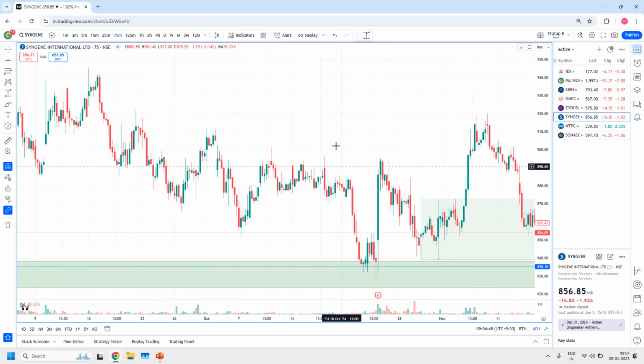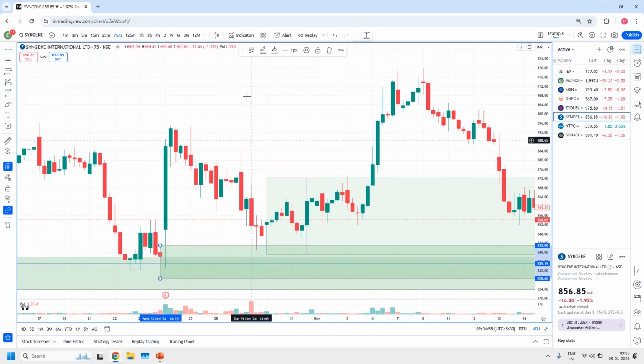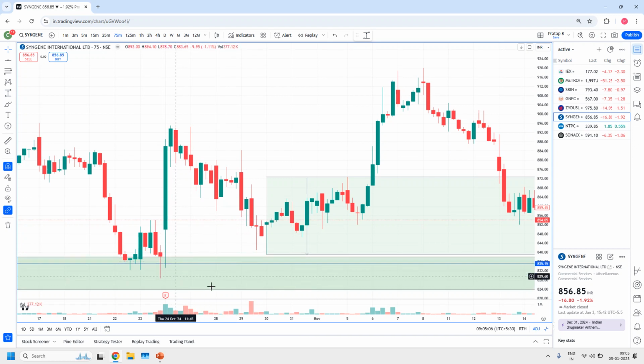And from this origin, the LOTL zone is created, drop base rally. This is the one. And look at both the things from a different perspective. Let me delete. First, it looks like a trap. Why? Because this is not overlapped with the distal line.